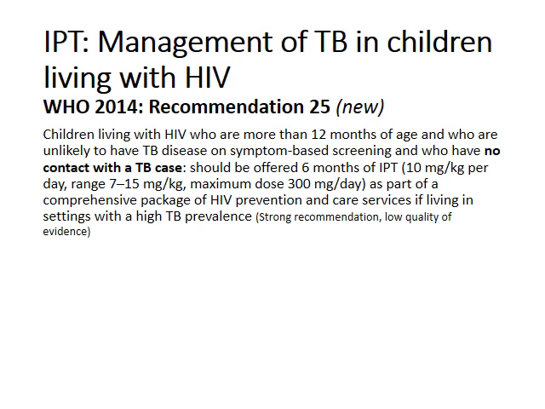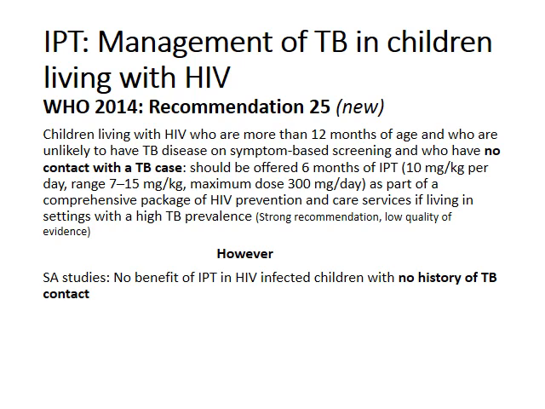A rather busy slide there, but basically what it was saying is that children with HIV who are older than a year old, even if they've not had a TB contact, should be offered 6 months of IPT as part of their normal TB package. So you would diagnose a child over a year old with HIV, you would automatically give them INH for 6 months.